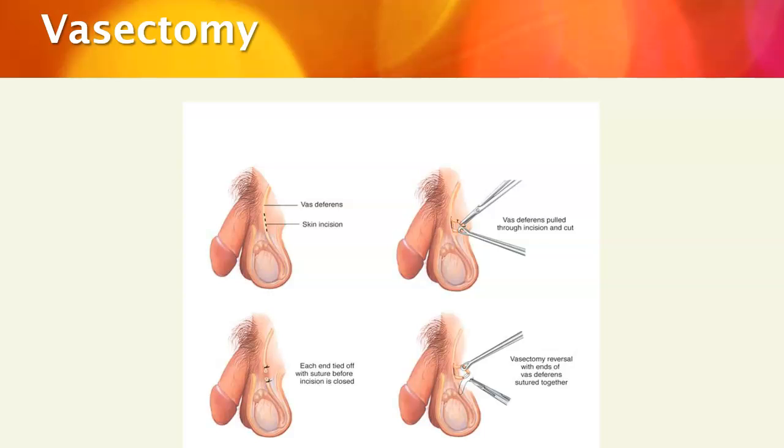So a lot of your doctors want to make sure that you have thought about the possibility of having kids. And if it's certainly something you don't want to consider in your future, then yes, they'll do the vasectomy. But keep in mind, like I said, it can be reversed. It's just not always effective when they do reverse the vasectomy.